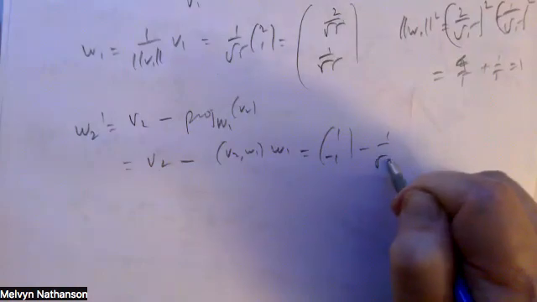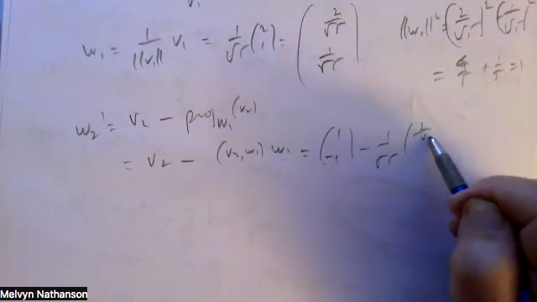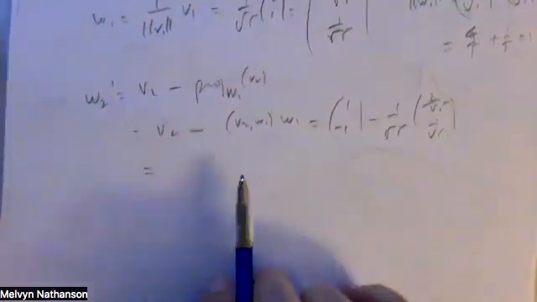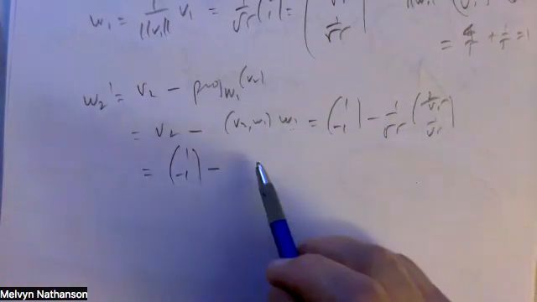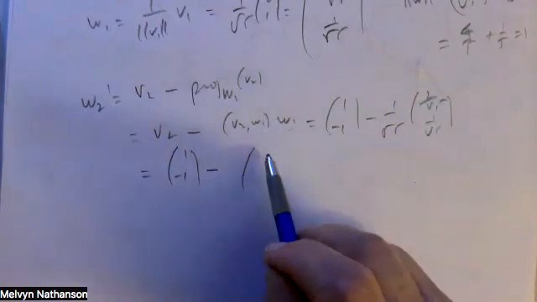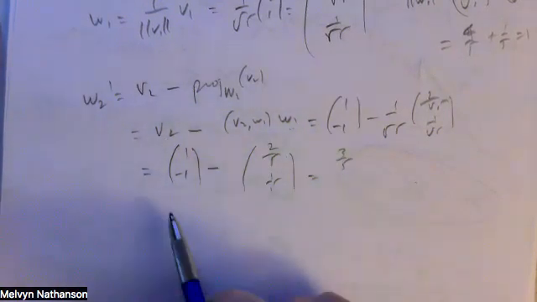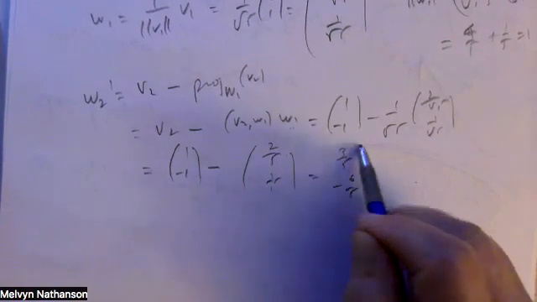So that's 1 over root 5 times the vector w1, which is (2 over root 5, 1 over root 5). So this is the vector (1, -1) minus, when I do the scalar multiplication, 1 over root 5 times 2 over root 5 is 2/5, and this is 1/5. So when I subtract, 1 minus 2/5 is 3/5, and -1 minus 1/5 is -6/5.